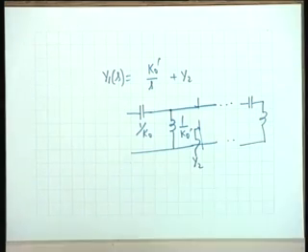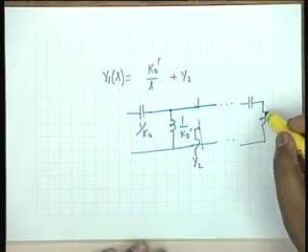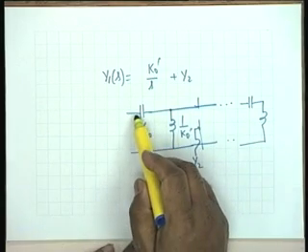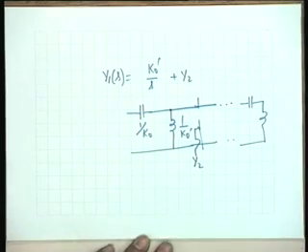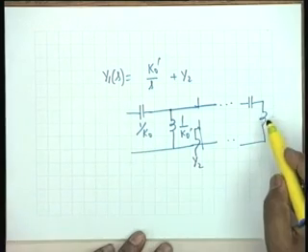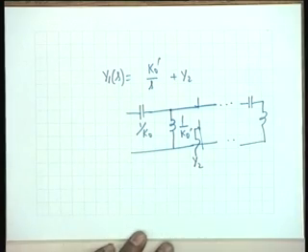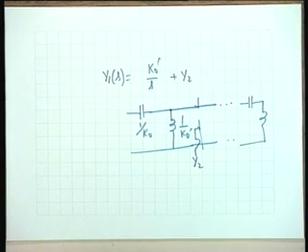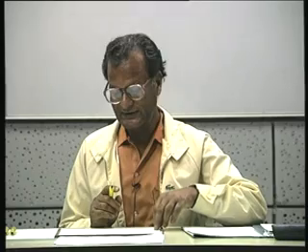Similarly, the last inductor, who will determine whether the last inductor is present or absent? The behavior at infinity, because at infinity all these series arms are short. So if the original impedance has a pole at infinity, then this inductor shall be there. If it is a 0 at infinity, the inductor shall not be there. Is that clear?